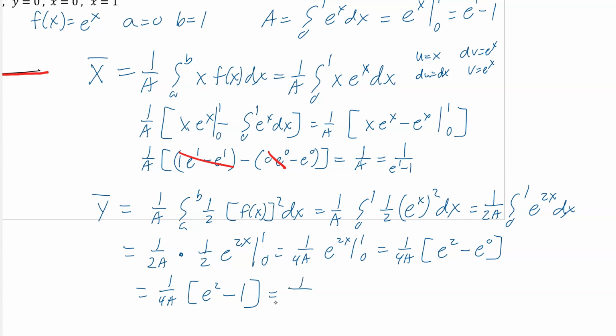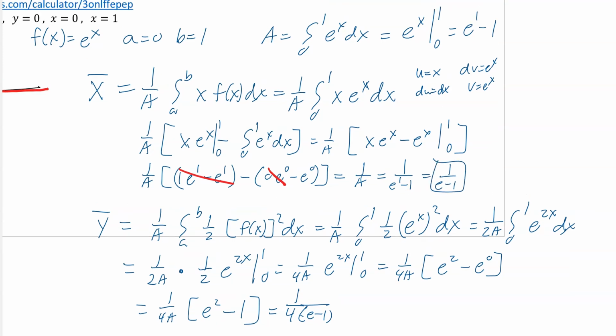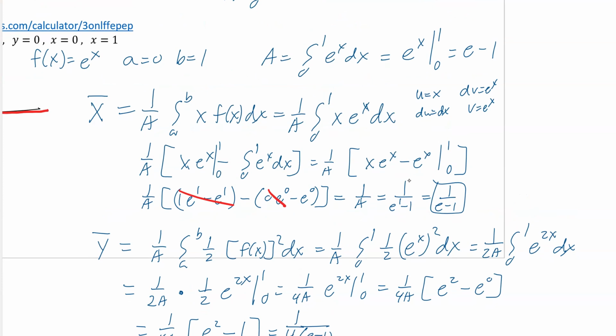When you plug it in, you get e minus 1 down here for the a. We already had a 4 there. So we're going to put 1, 4, e minus 1. That's what we get here. The area is e minus 1. I don't need the 1 anymore. 1 over e minus 1. And we don't need the 1 up here. We can just erase it.